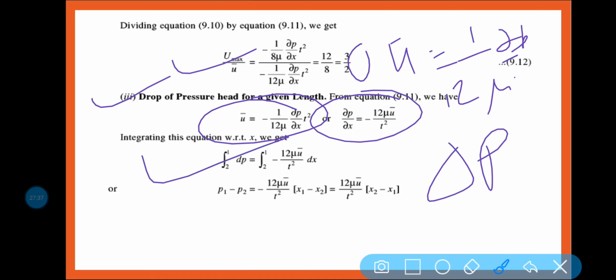This is equation 2 to 1. Integrating, p1 minus p2 is equal to 12 mu u bar by t square into (x1 minus x2).